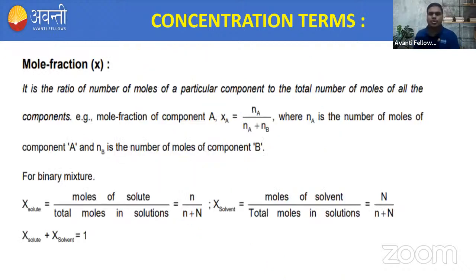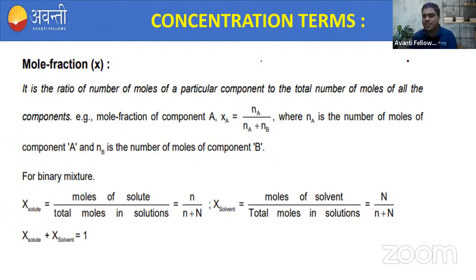Right. So the next is mole fraction. What is mole fraction? Mole fraction is another very important unit, and it is temperature independent, because the concentration defining terms in which mass comes into the picture are totally temperature independent. It is the ratio of the number of moles of a particular component to the total number of moles of all the components.